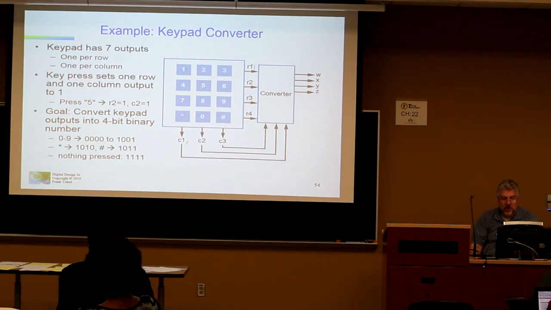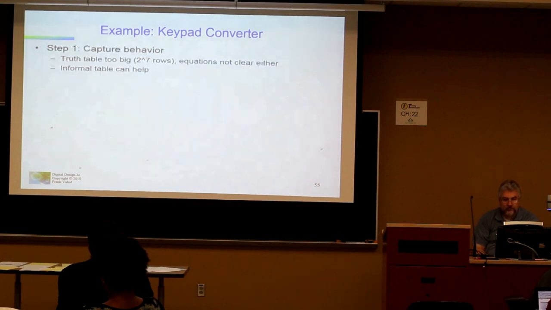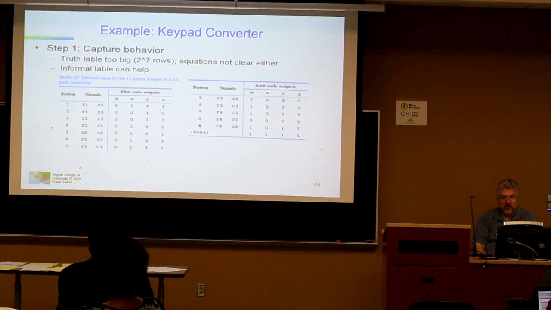So if we have a situation where we have R1 is 1 and C1 is 1, then we'll display W, X, Y, Z. And then if nothing is pressed, then we'll just output 1, 1, 1. So we're going to capture the behavior. The truth table is big. The equation's not clear. So some sort of informal table will help.